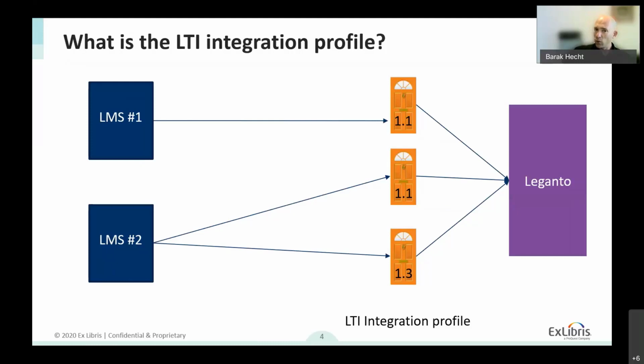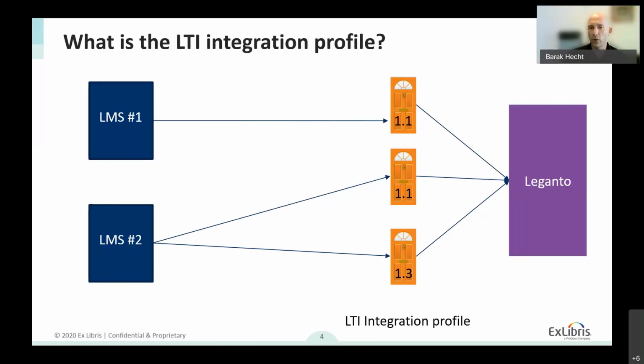And the only way of doing this is by creating this door, this integration profile. So as you can understand from this screen, there is no problem creating multiple doors into Leganto. You can create as many as you want. You can use only one of them. It doesn't really matter, but you can create doors.